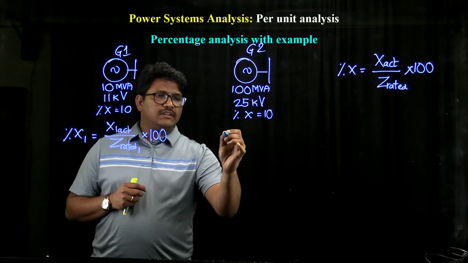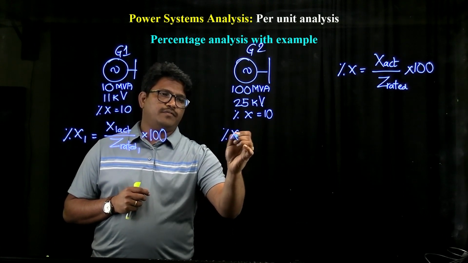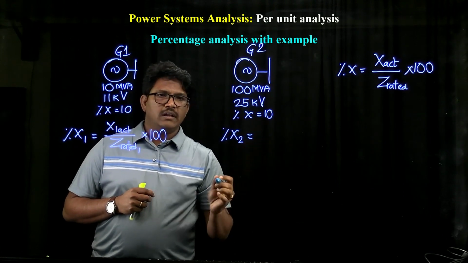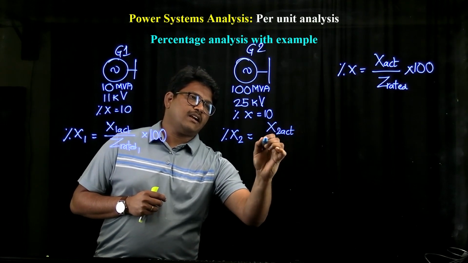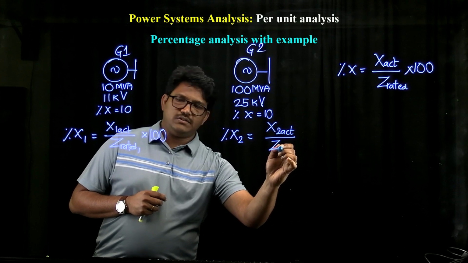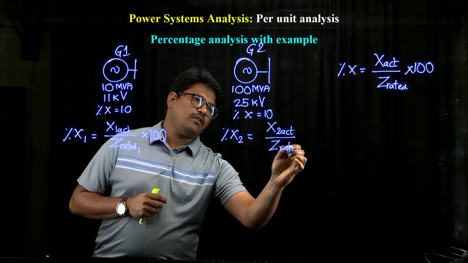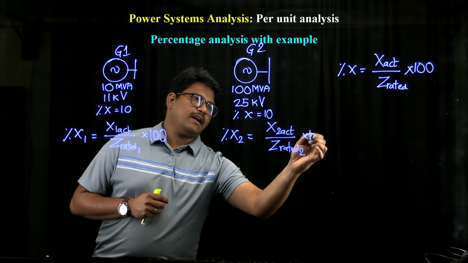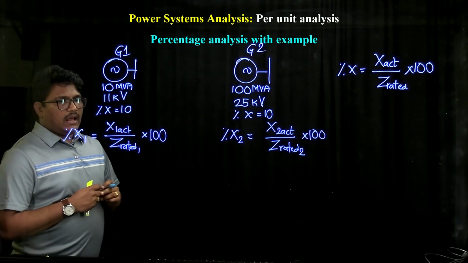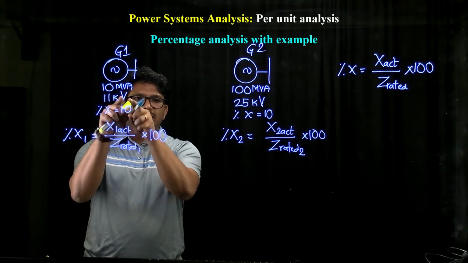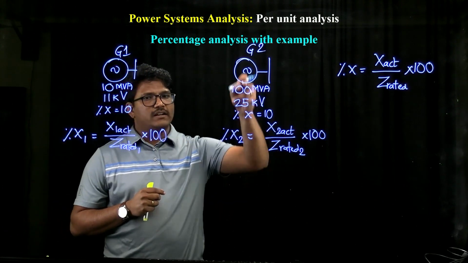Whereas the percentage reactance of the second machine is the actual reactance of the second machine divided by Z rated reactance of the second machine multiplied by 100. And now, what is the rated reactance of this machine and what is the rated reactance of this machine?